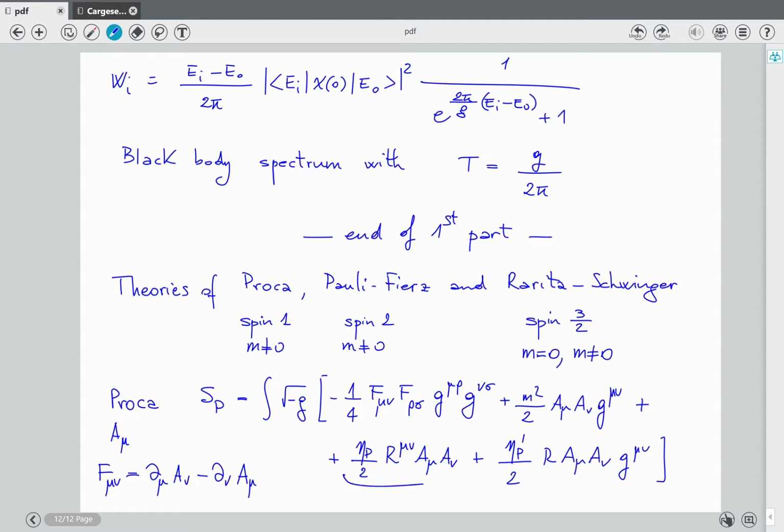So these are called non-minimal terms. Okay.